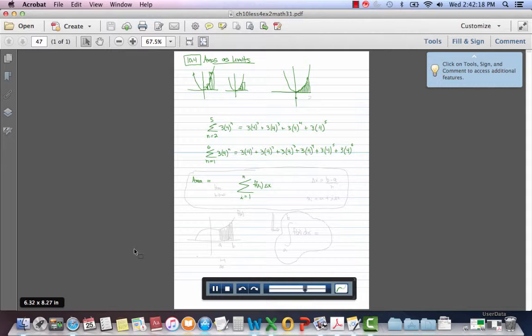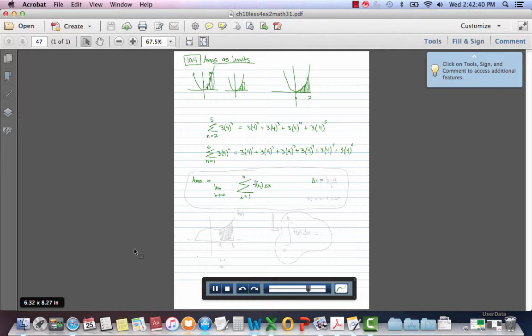The example we did in the last one, we only divided it into 4 intervals, but the actual area is going to be the limit as you take n to infinity. In other words, if you could actually do infinitely many rectangles under this curve between 0 and 2 and add up the areas of all those slivers, you would end up with the actual area.